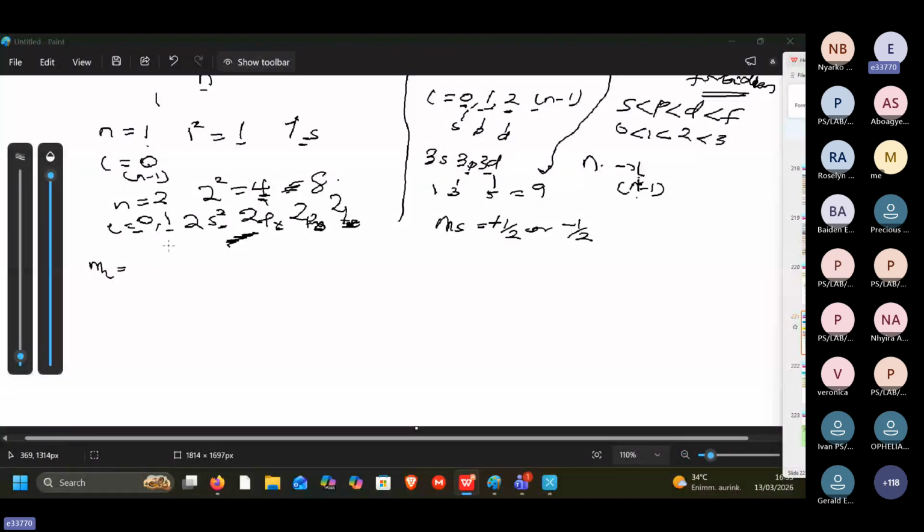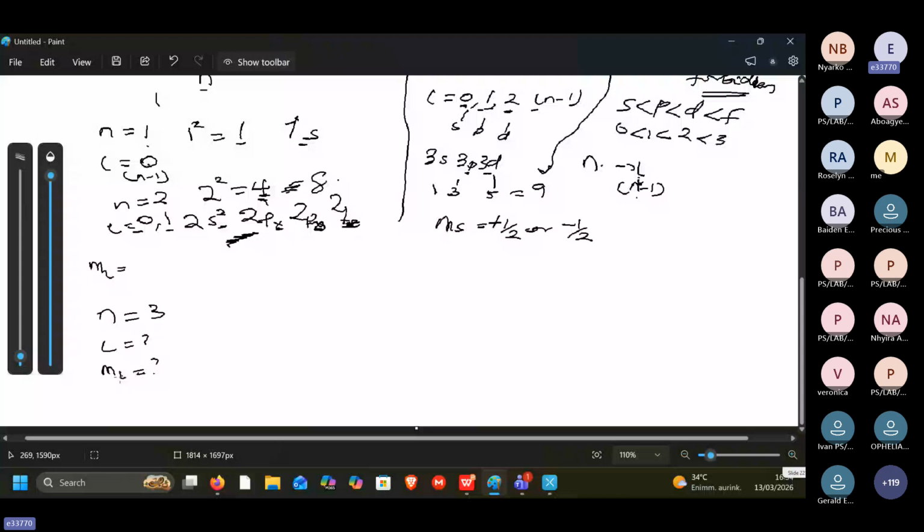Can you tell me the allowed values of L and then the allowed values of the ML? You can be typing it, or you can say it. What do you think will be the allowed values for n equal to 3?